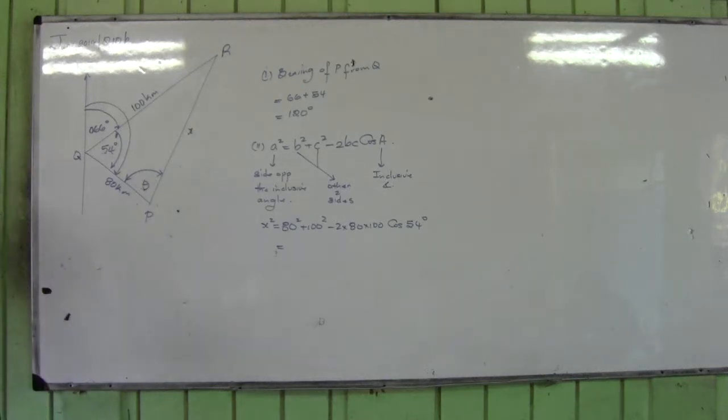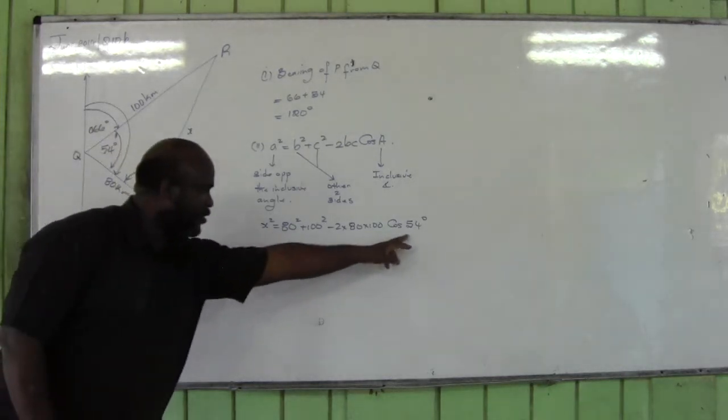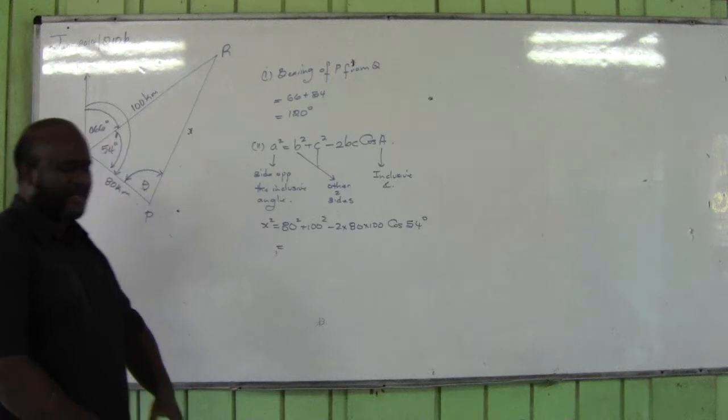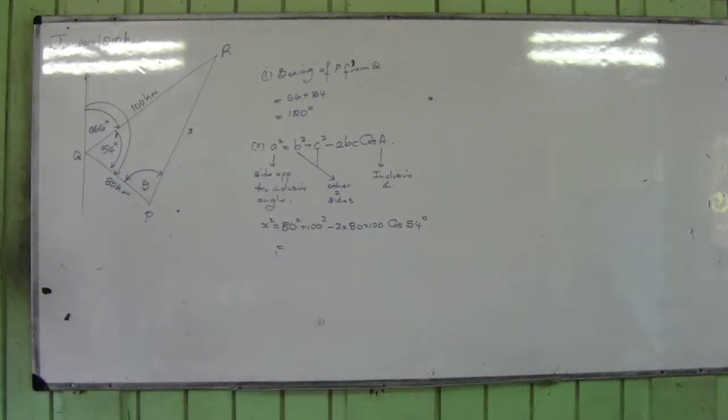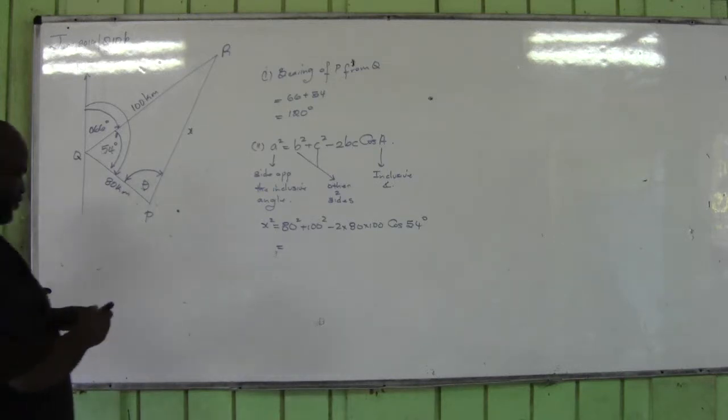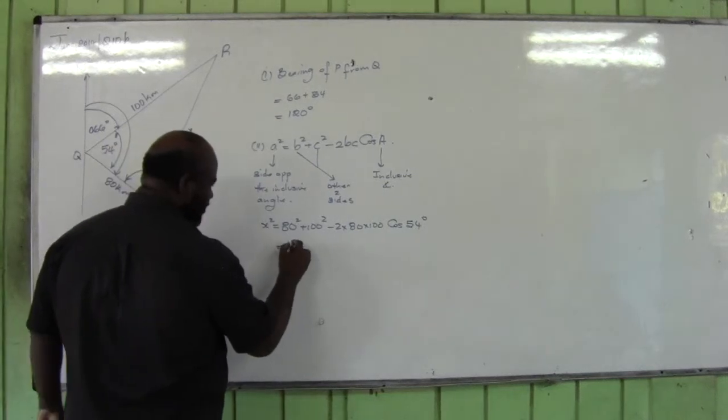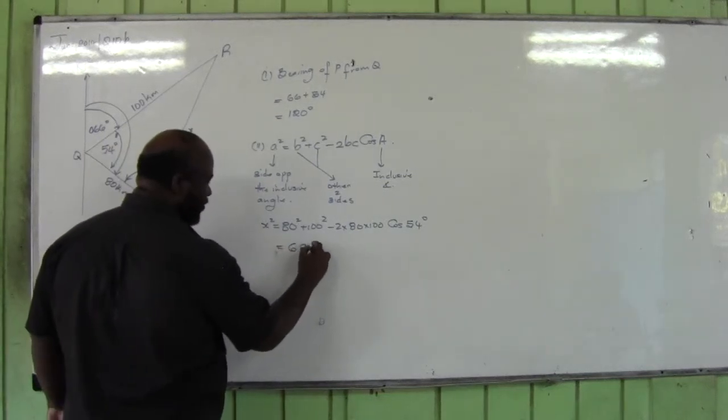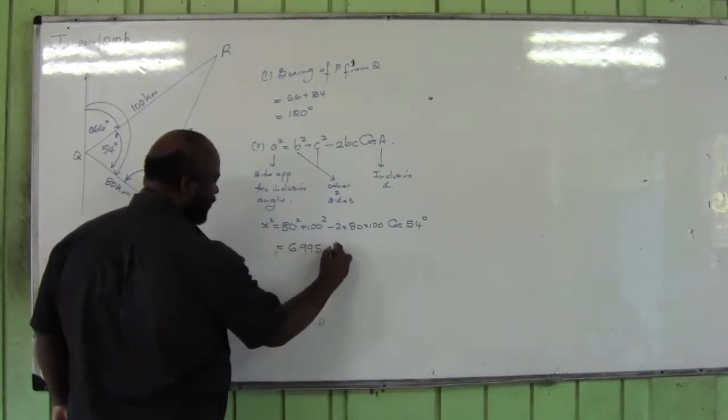We are going to put x squared. It's this part I'm talking about, the right hand side. I want that one. 6,995.4.